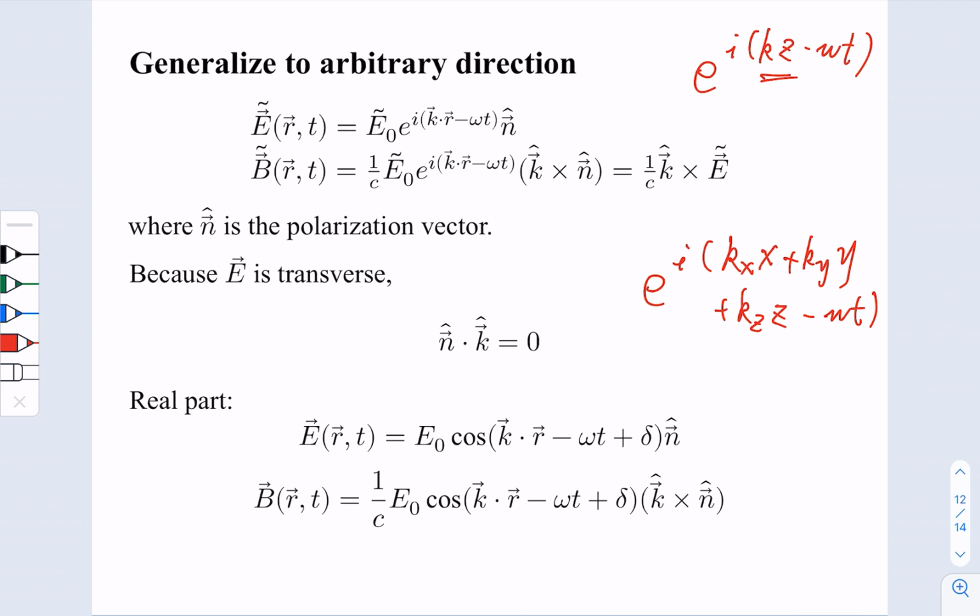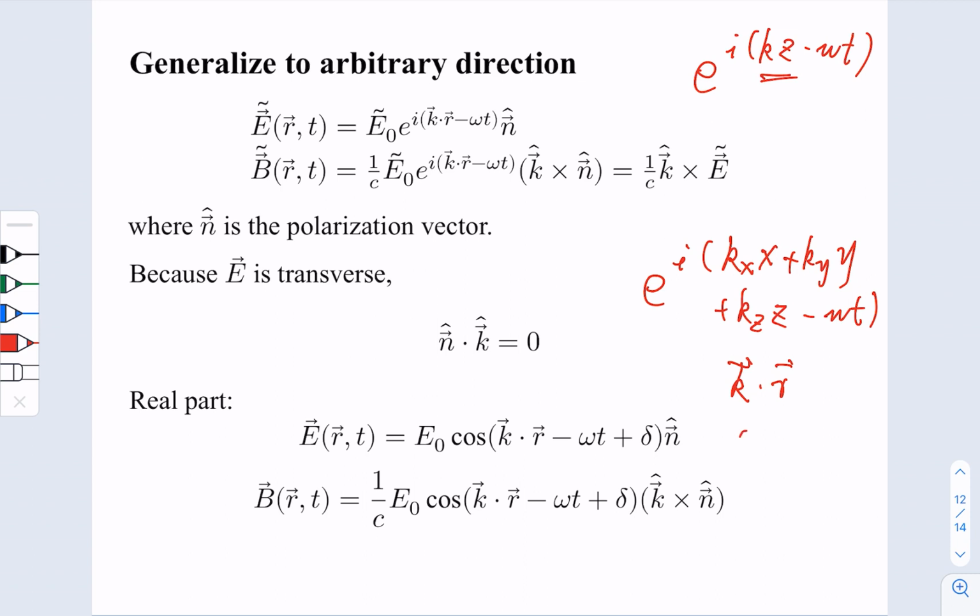Now, instead of this complex notation, we can simplify the notation with k dot r. Here you can see that the direction of k points in the direction of the propagation.